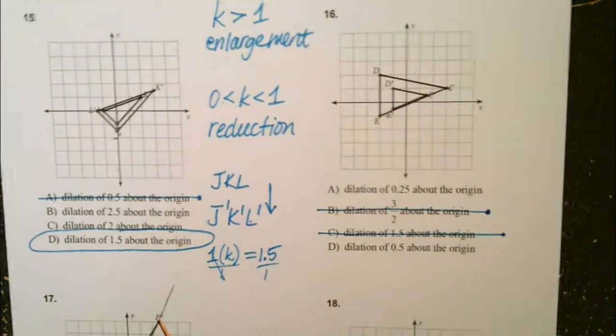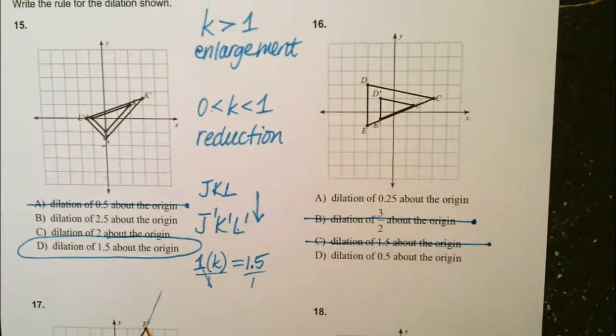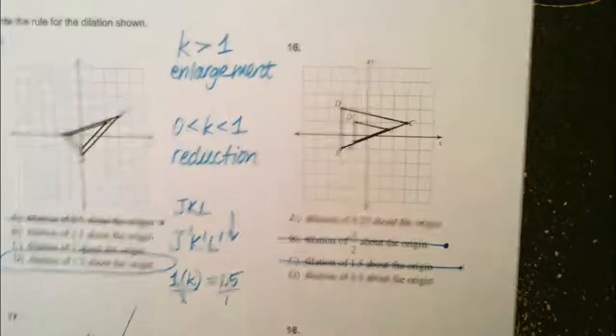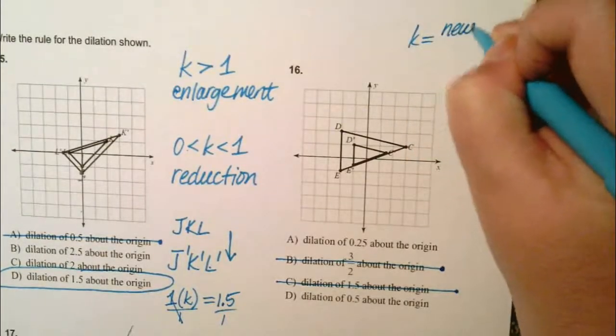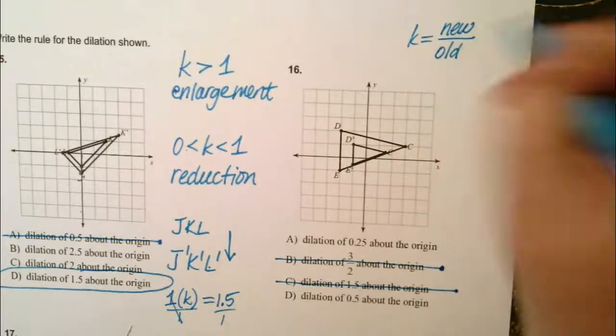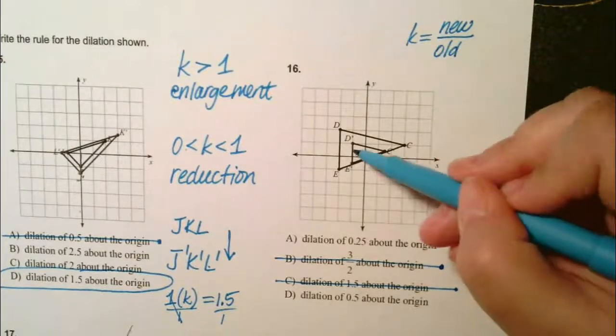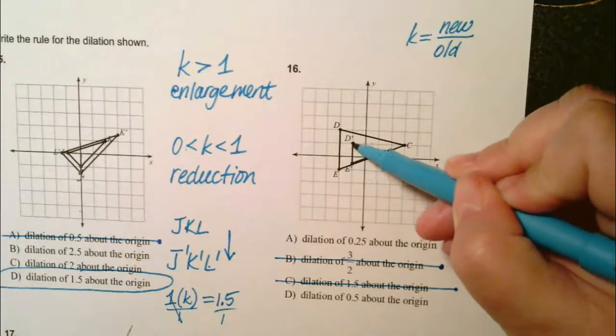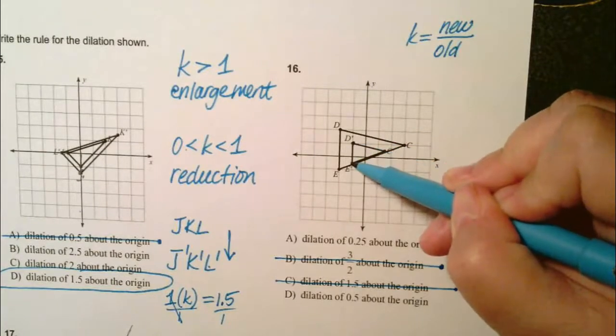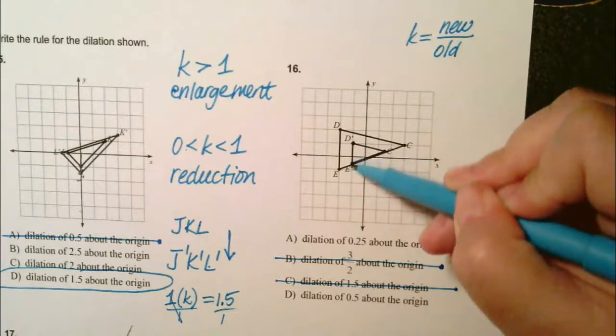Okay, so what I'm going to do, and this is another way of looking at it, is my scale factor is always the new distance or length over the old distance or length. So let's look at the new one here between D prime and E prime. D prime is at 1, E prime is at -1/2 in terms of the y value.